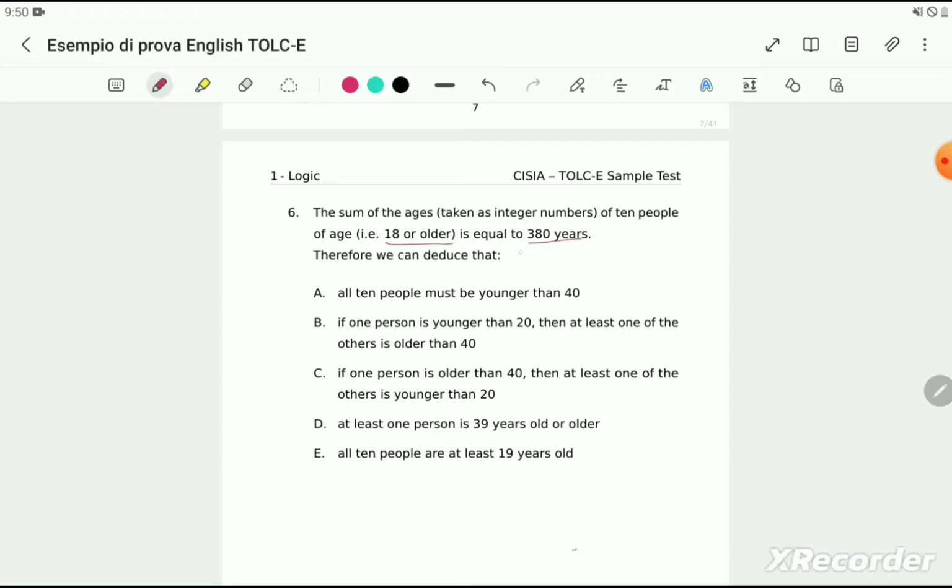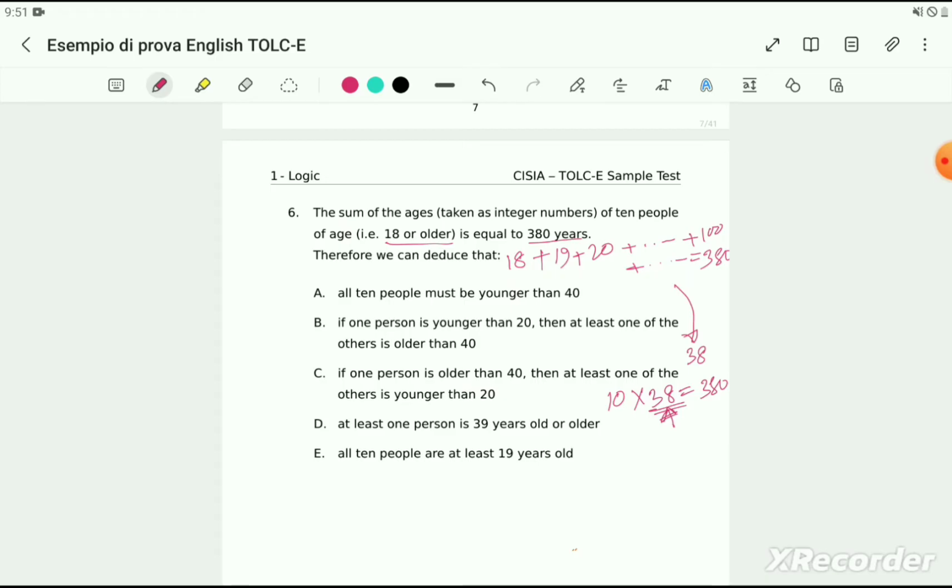That means if you want to visualize, minimum could be 18, 19, 20, maximum no limit, we could say like 100 or even more, and equal to 380. Okay, so if we consider an average number, that is 38, because 10 people multiplied by 38 equals 380. So we can assume 38 years is an average if 10 people have it.